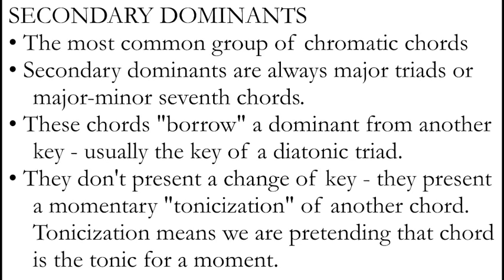We'll talk about that in the future, but what they present is a very brief, momentary tonicization of another chord. That's our technical term. Tonicization means we are pretending that a chord is the tonic for just a moment. We're pretending we're in a different key for just a moment, not a big, long change of key.